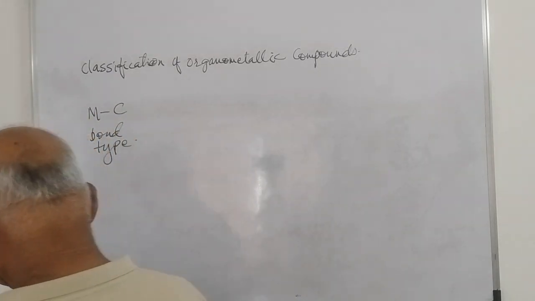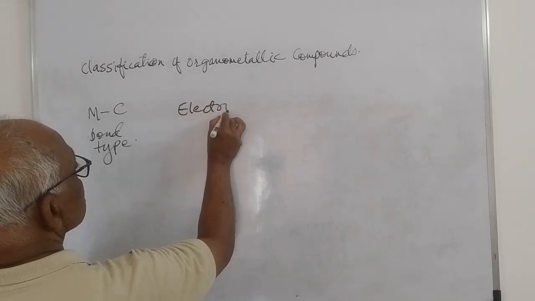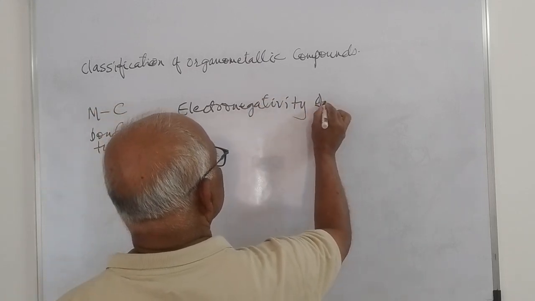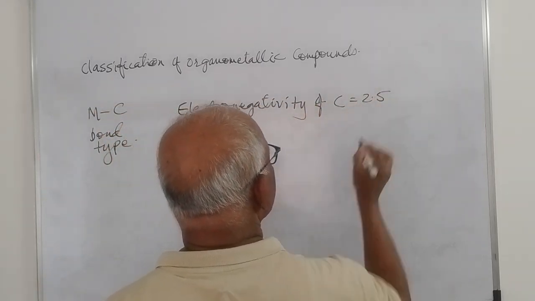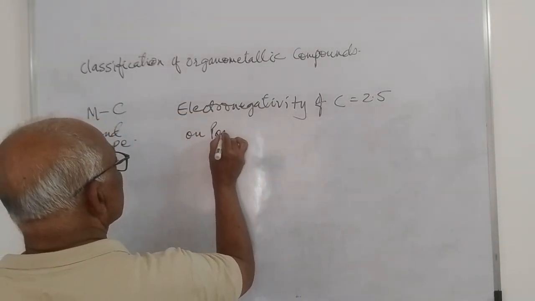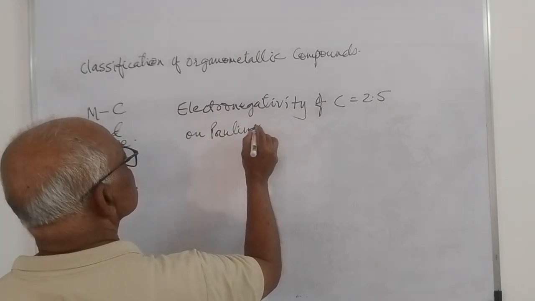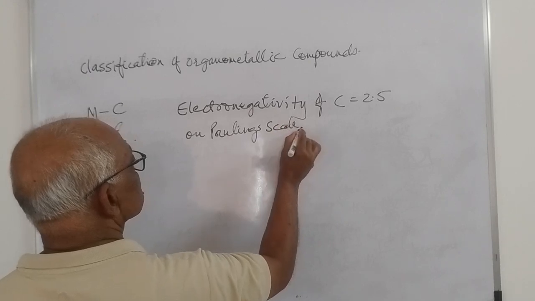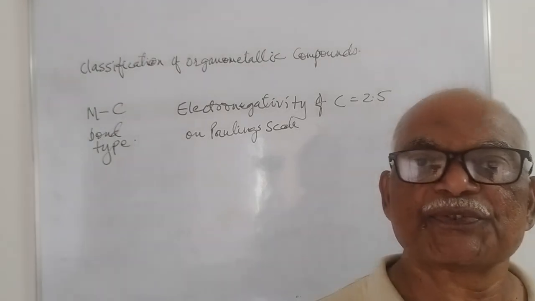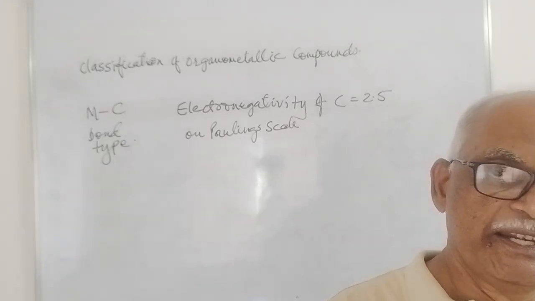If we consider the electronegativity of carbon, it is 2.5 on the Pauling scale, and others have different values.